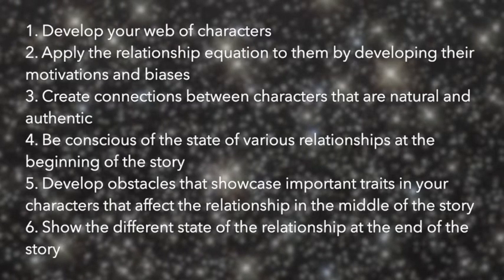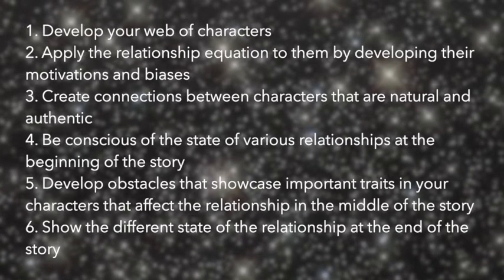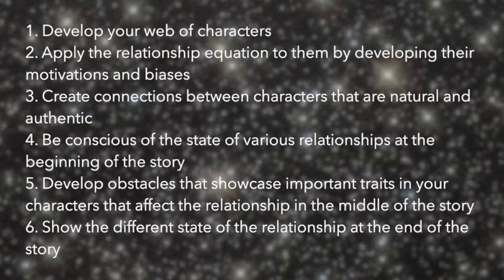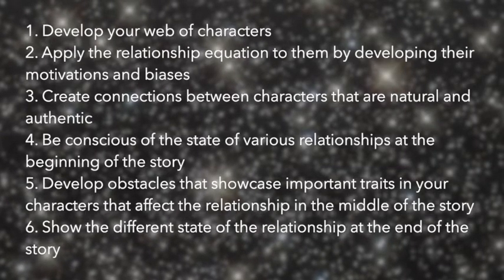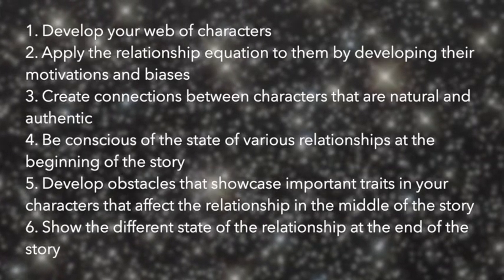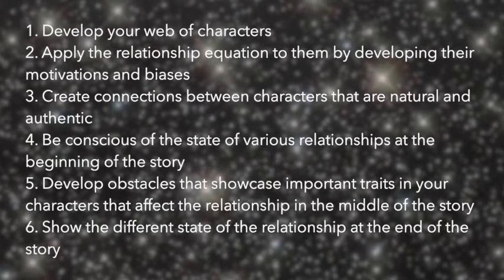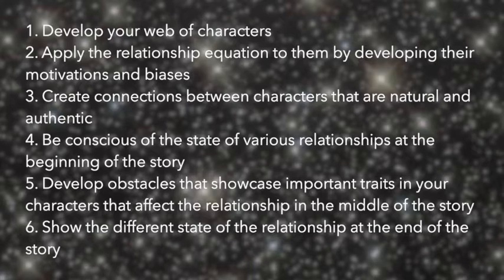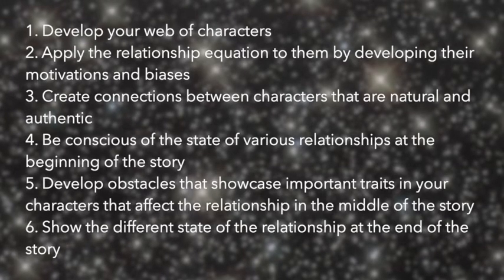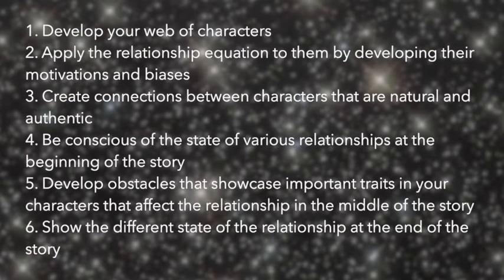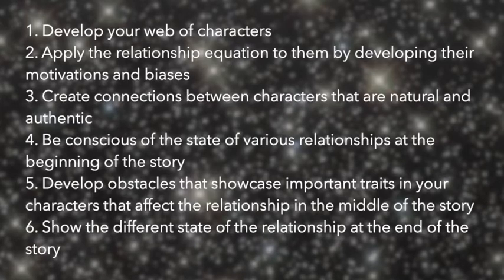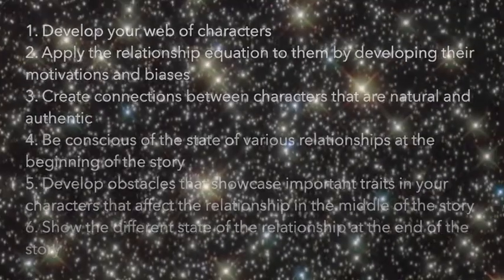Create connections between characters that are natural and authentic. Be conscious of the state of various relationships at the beginning of the story. Develop obstacles that showcase important traits in your characters that affect the relationship in the middle of the story. Show the state the relationship has evolved into at the end of the story.